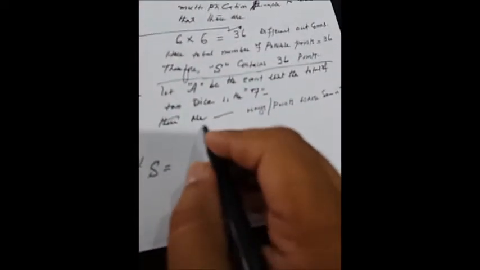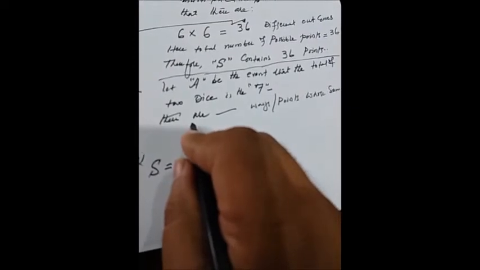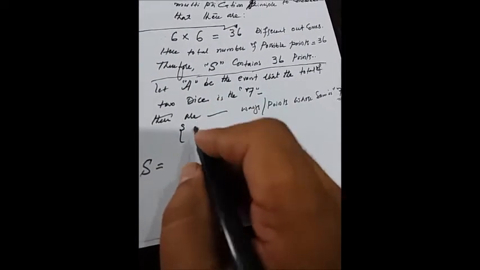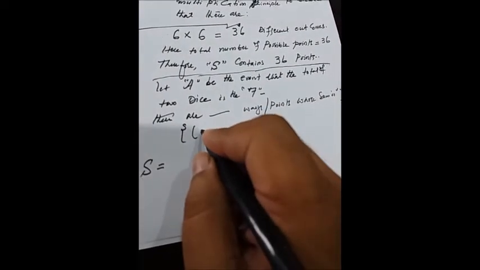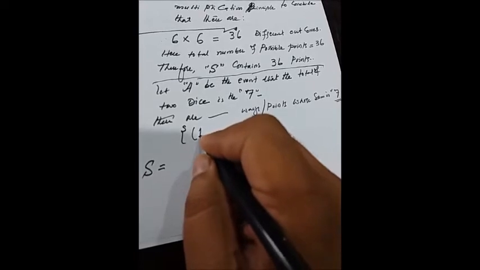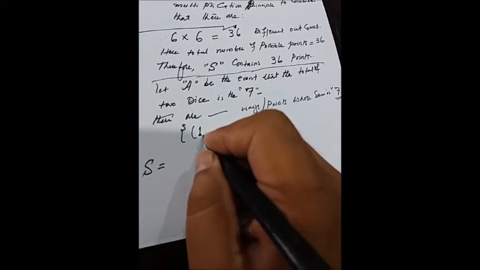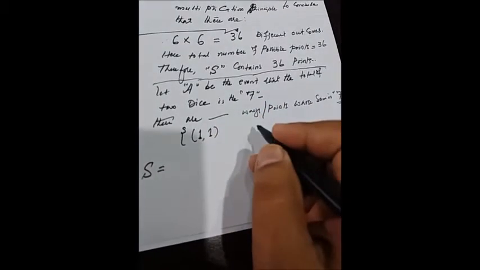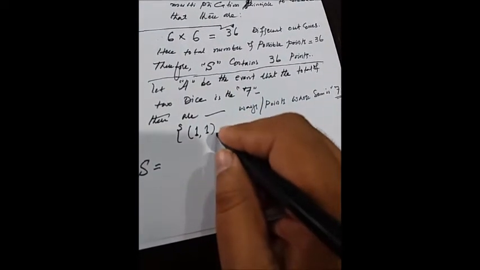When we are tossing two six-sided cubic dice together, on the first die we can obtain 1. There is a possibility to obtain 1 on the first die and 1 on the second die.